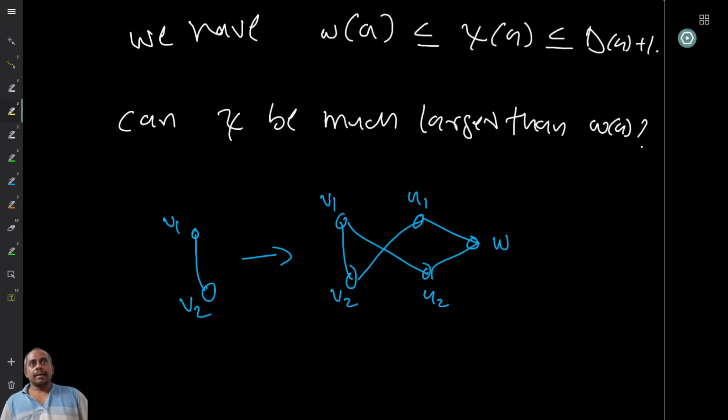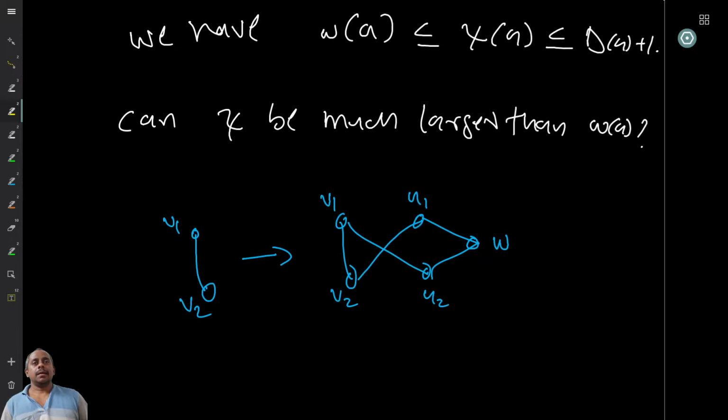Then can chi be much larger than omega of G? We know that cliques make the chromatic number large. If you have a large clique with, let's say, t vertices, then we need at least t colors.